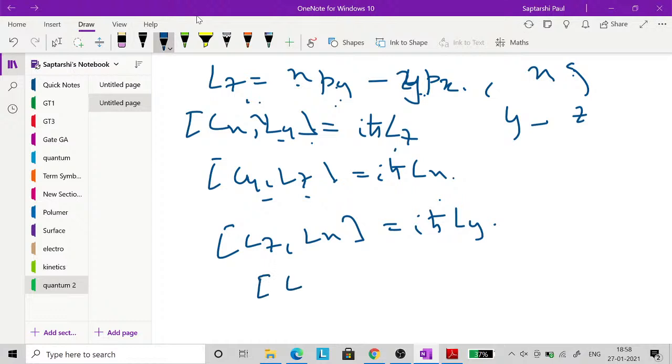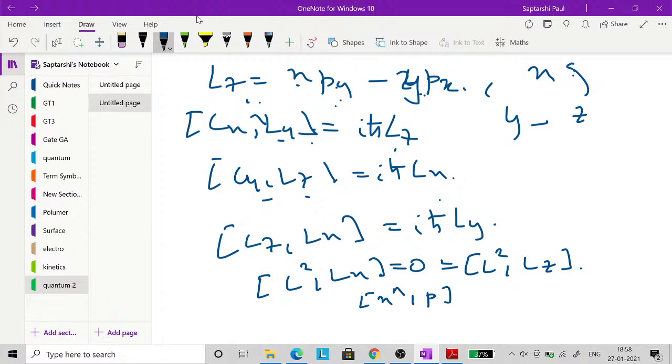And also your L square with Lx equals 0. And x to the power n comma p equals n ih cross x to the power n minus 1. And x comma p to the power n is equal to n ih cross p to the power n minus 1.